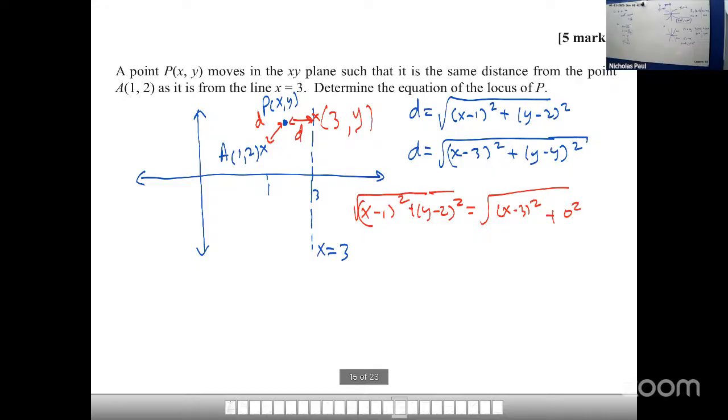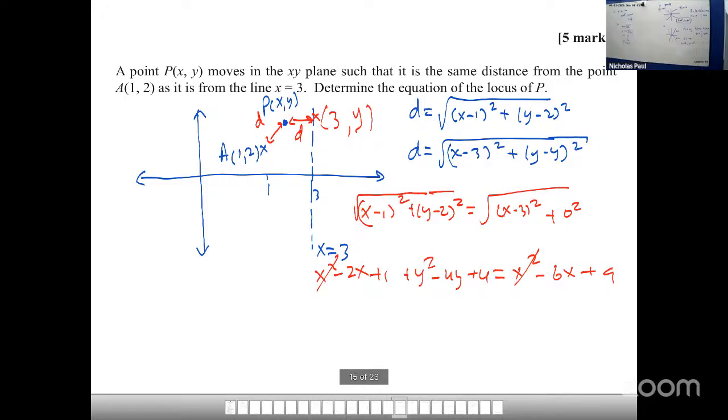Right, so when you do that and you square both sides, you'll get x squared minus 2x plus 1, y squared minus 4y plus 4, x squared minus 6x plus 9. The x squared will cancel.